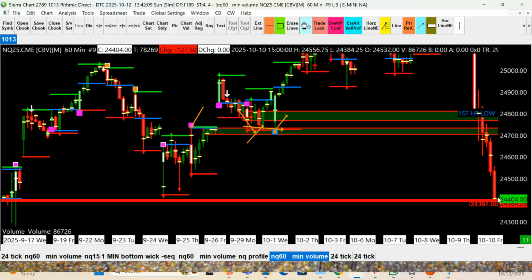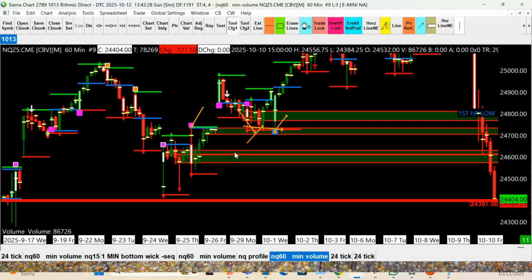I would have expected underneath this to get responsive buyers, and I know all the volume is clustered right in here. So I'm going to come in here and make a volume area, and I'm going to come in here. And it's going to end up all being one thing. That whole area ends up being a structure, because that's where all the volume is, right?